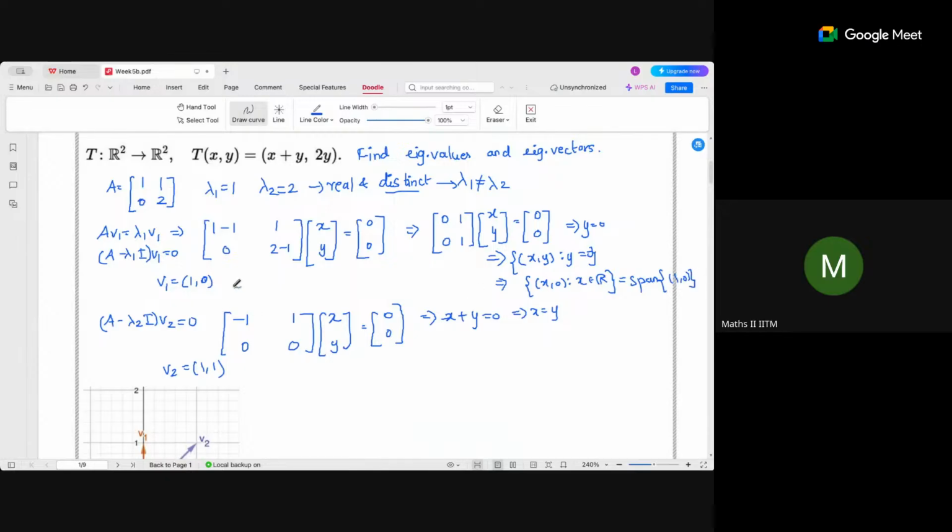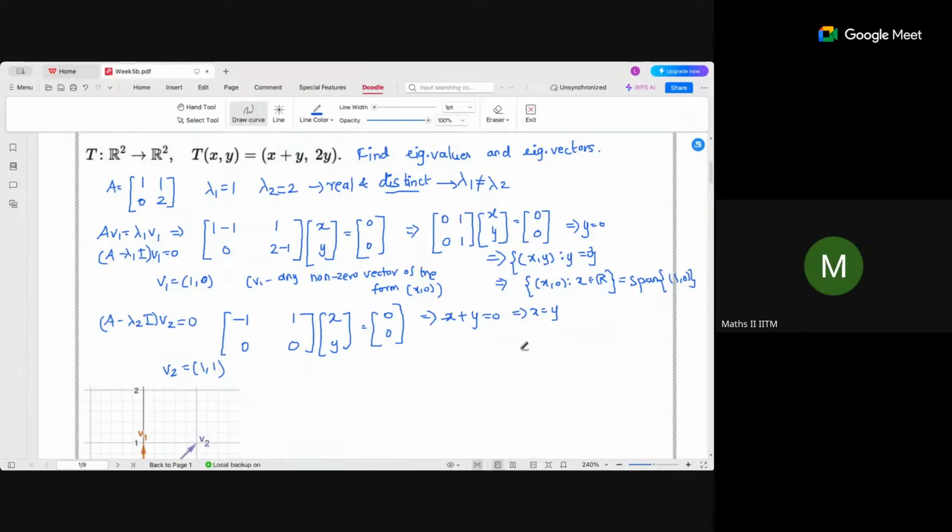So v1 can be any non-zero vector of the form x comma 0. That's all. Got it? Yes, ma'am. So any value is possible for v1. Yeah, just it has to be non-zero.